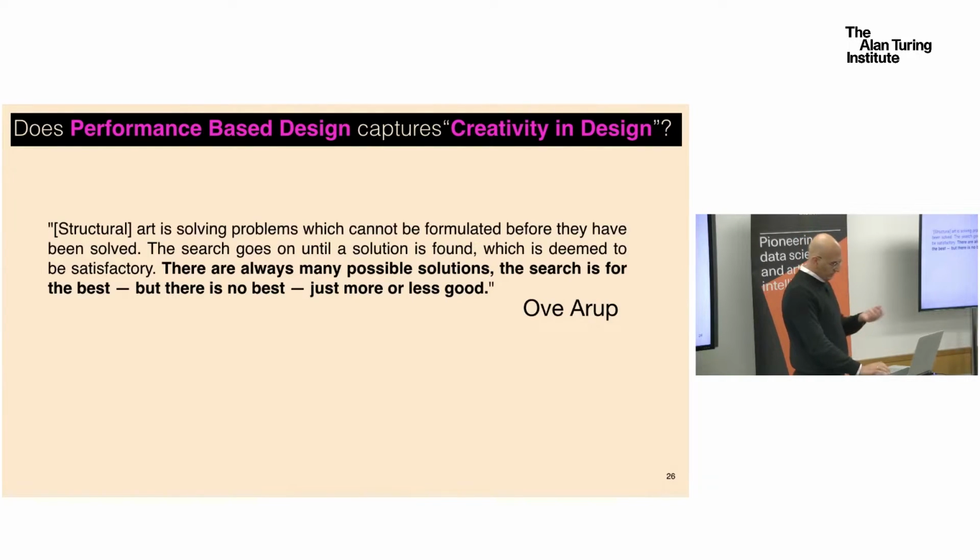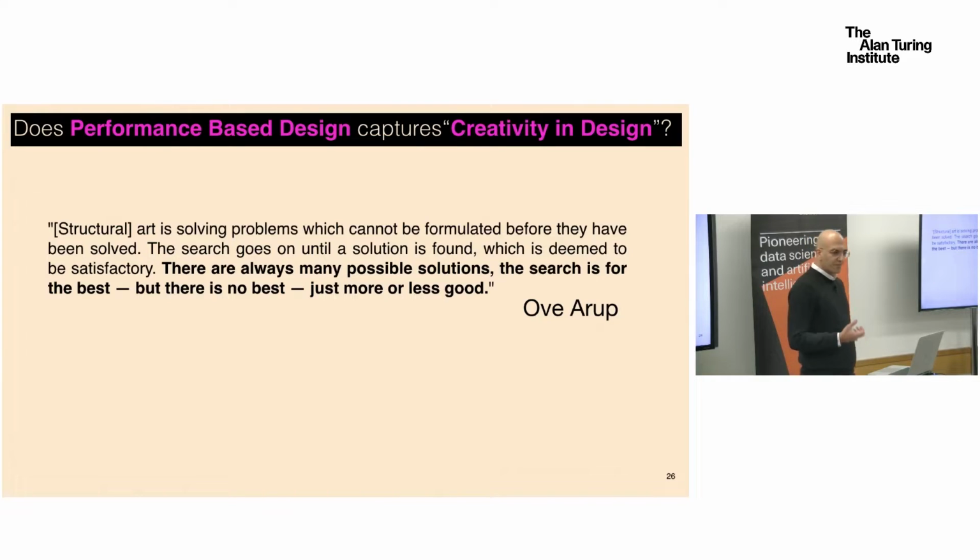And then I would like to refer to this sentence by Ove Arup, who says, a structural art is solving problems which cannot be formulated before they have been solved. The search goes on until a solution is found, which is deemed to be satisfactory. There are always many possible solutions, and the search is for the best, but there is no best, just more or less good.